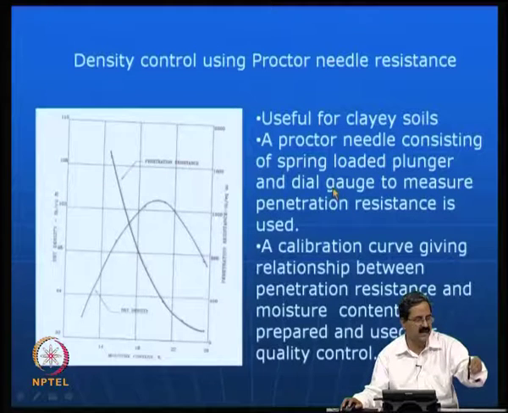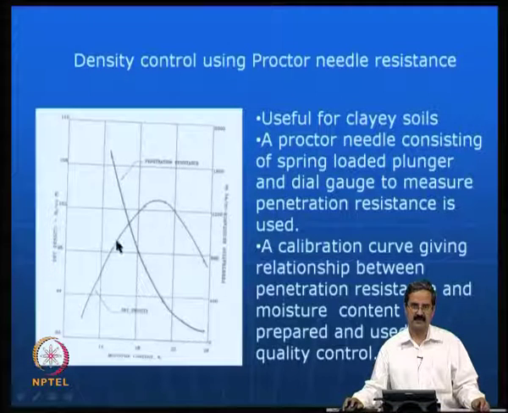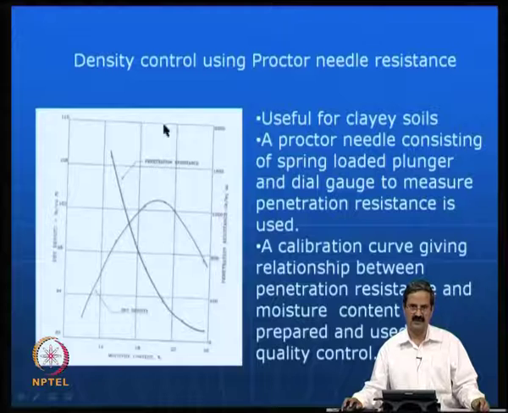So, it can just be pushed in, and once you know the plunger and its resistance, you can infer a lot. And how do you infer that? Say for example, you have a compaction curve like this, and for that you have a corresponding penetration resistance.